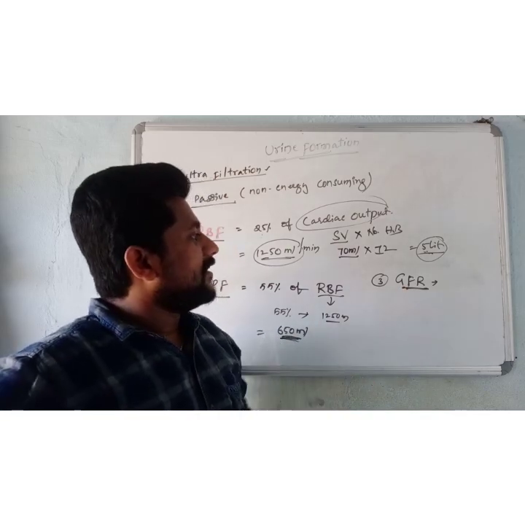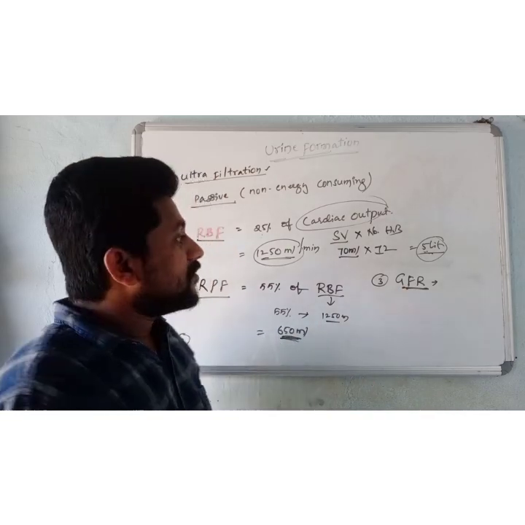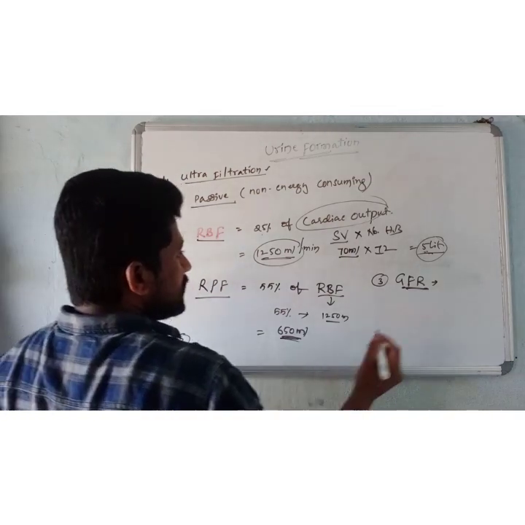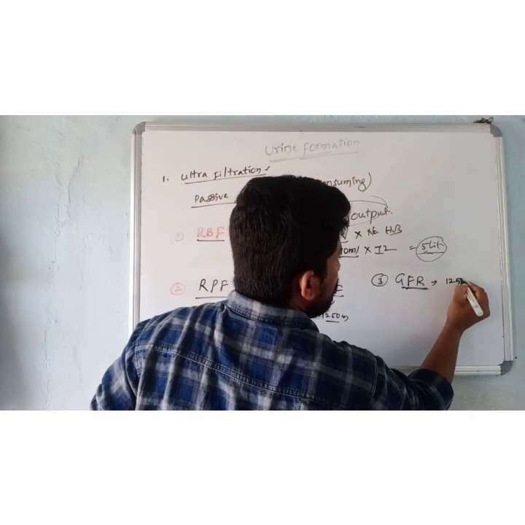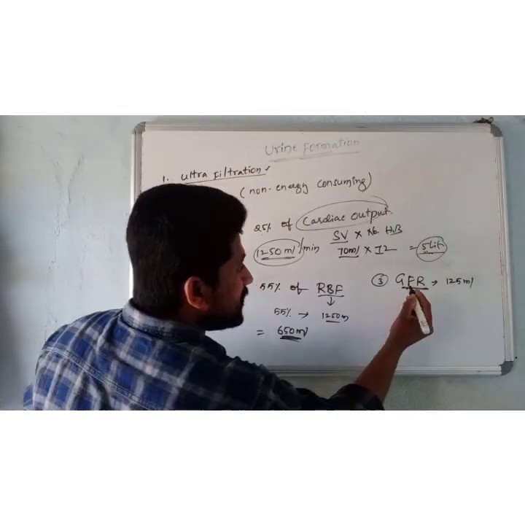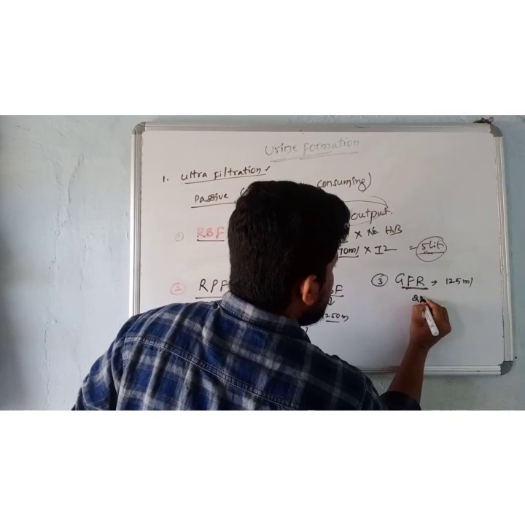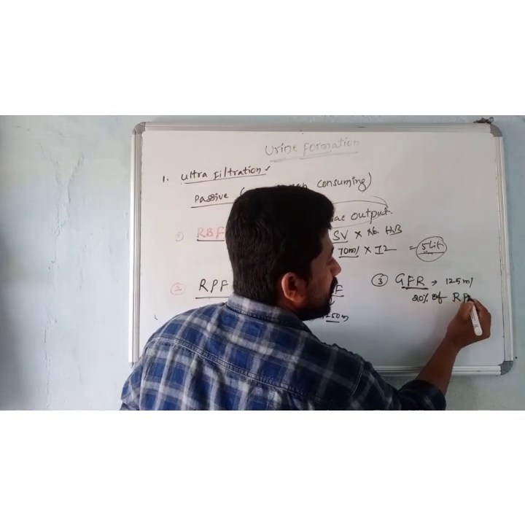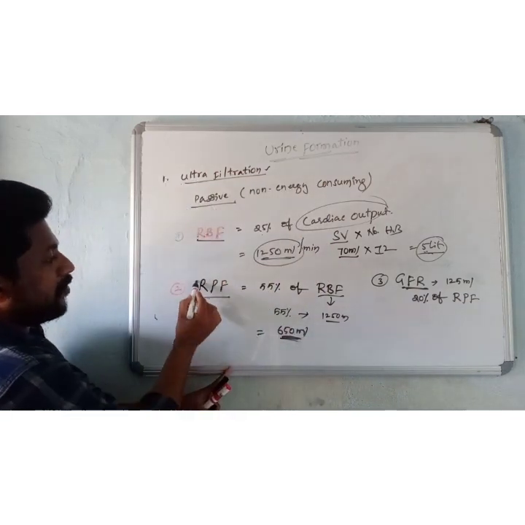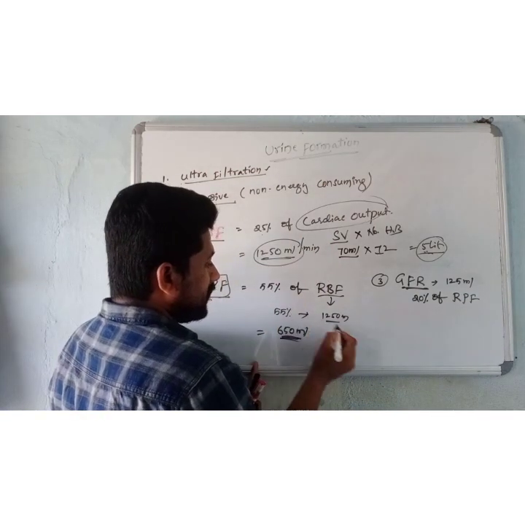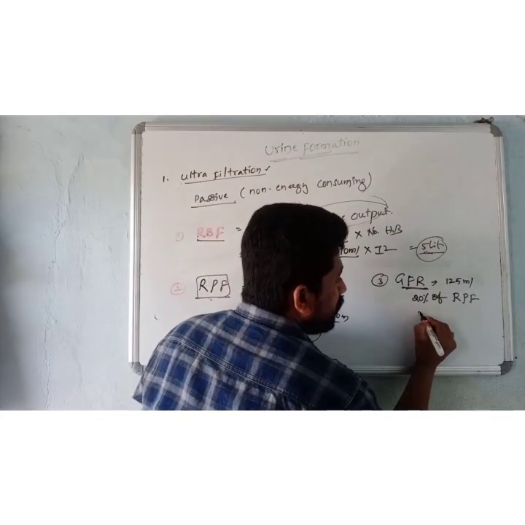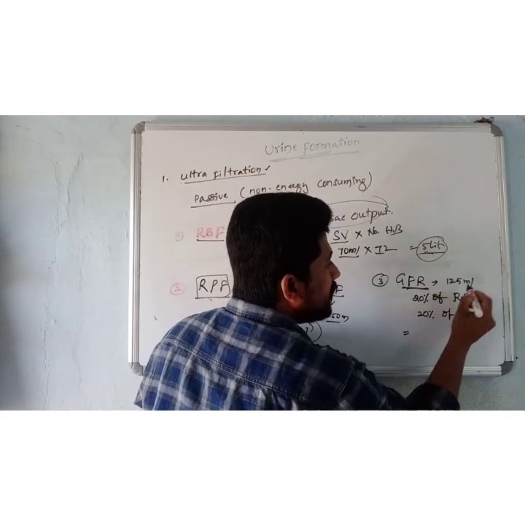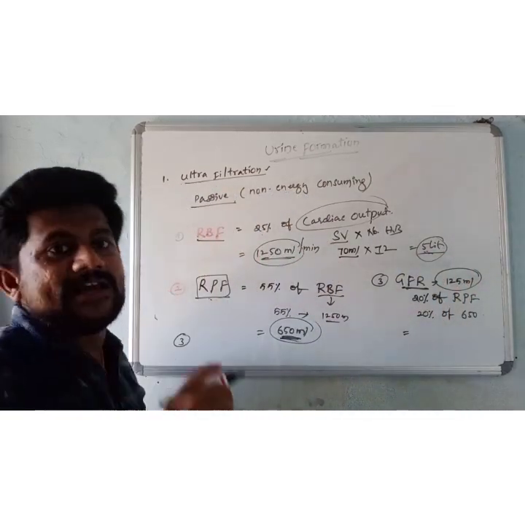The GFR is just 125 ml, which is 20% of the RPF, the renal plasma flow. We know the RPF value is 650, and 20% of 650 is approximately 125 ml.